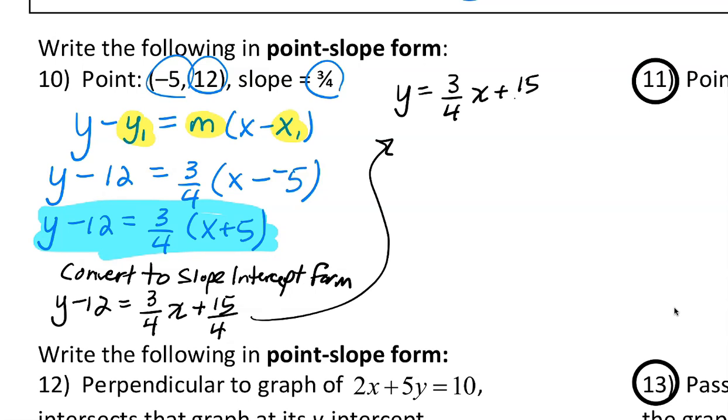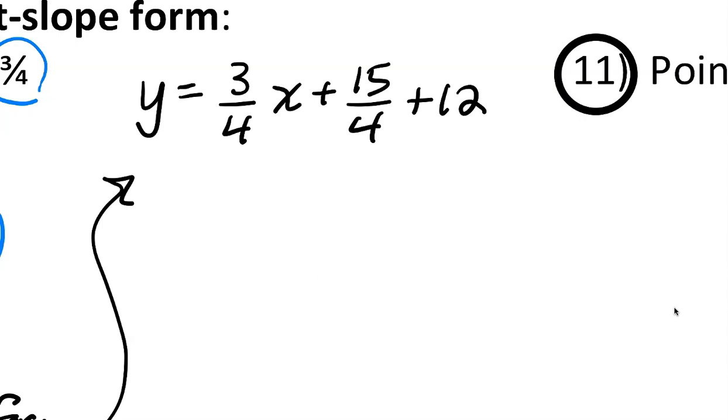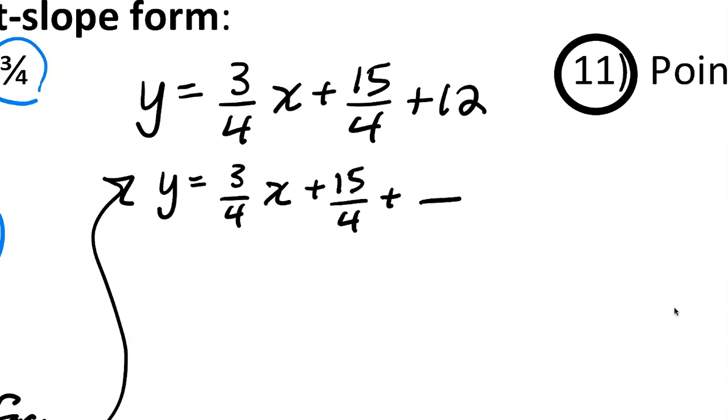plus 15/4 plus 12. Now 15/4 and 12 we should add, and I would like you to practice your fraction adding abilities. We would have y equals 3/4 x plus 15/4 plus, how can we rewrite 12 so that it has a denominator of 4?